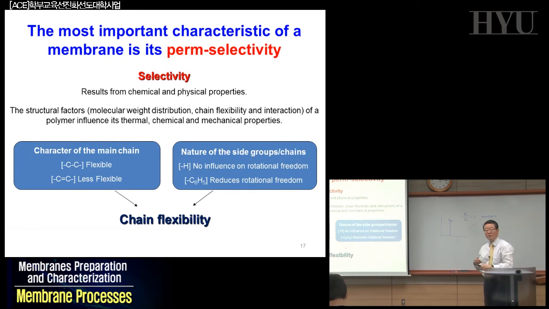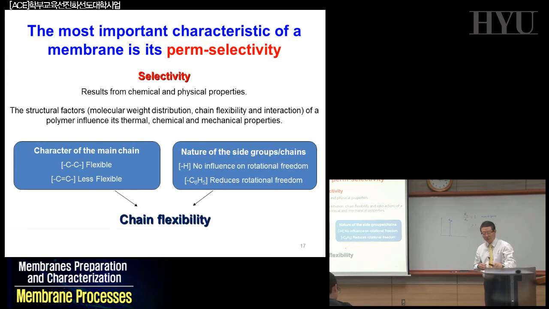If the selectivity is about 10, then the rate of permeation of the first component is about 10 times larger than the rate of permeation of the second component. So the selectivity is very important.